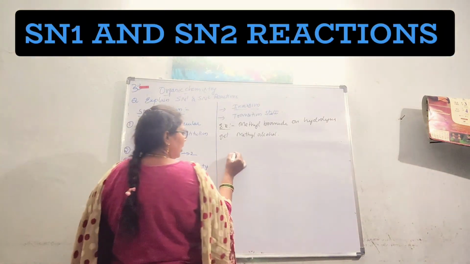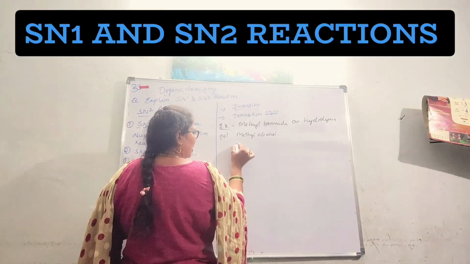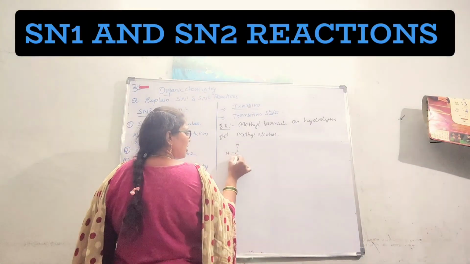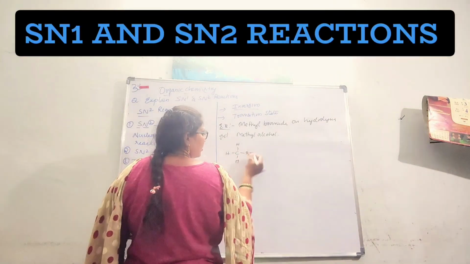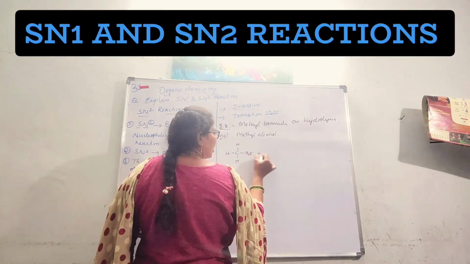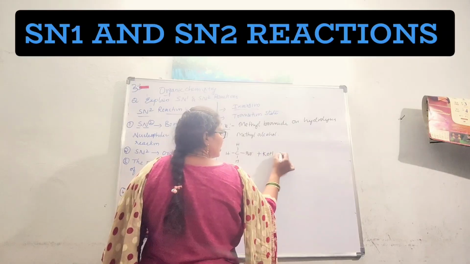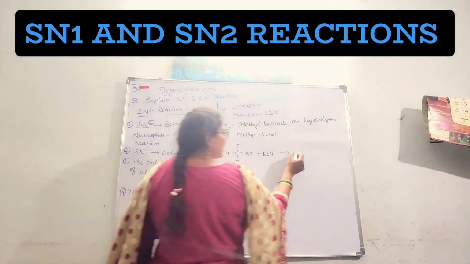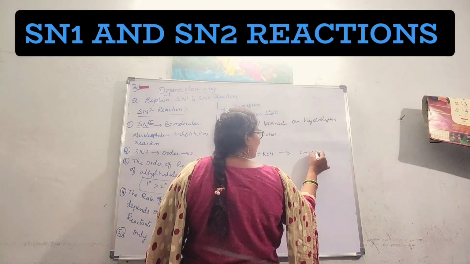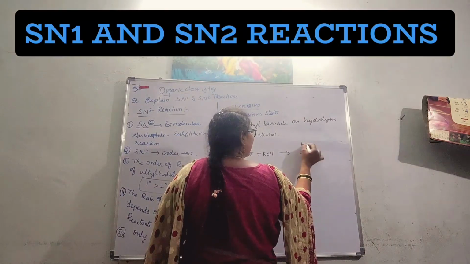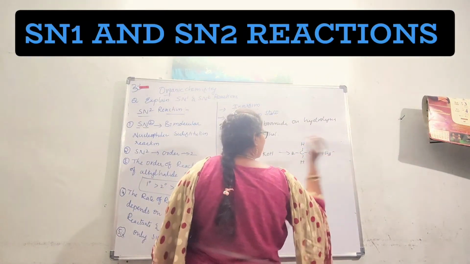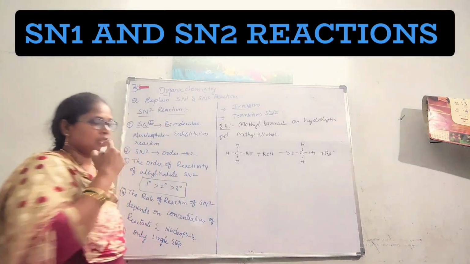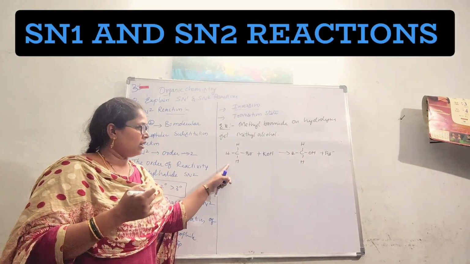For example, this is methyl bromide, CH3Br, along with KOH, so there is a formation of primary alcohol, CH3OH, plus Br minus, KBr or Br minus. Okay, this is the general reaction.